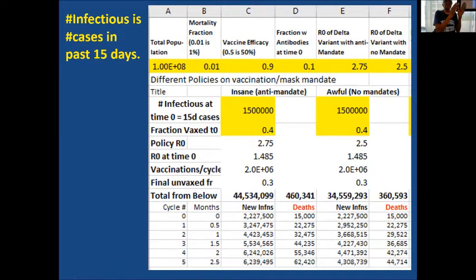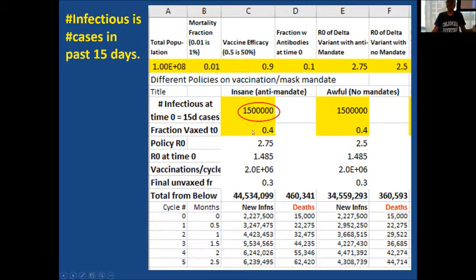And so now I'm going to assume that they are all infectious in the next cycle, but only for the next cycle, because after that they would have had their 15 days of being infectious and be done with it, and they would have infected whomever they were going to infect. So the number infectious in any cycle is the number of cases in the previous cycle.